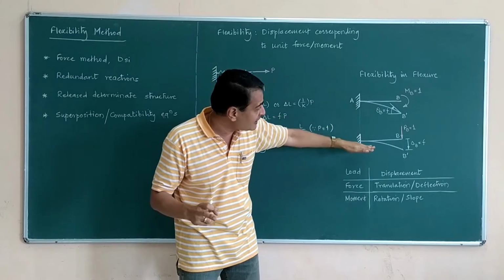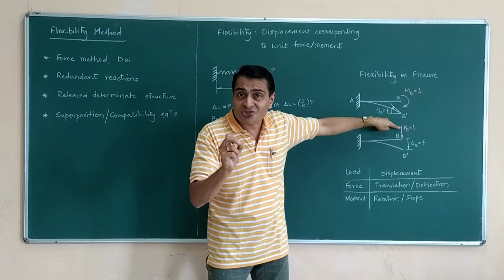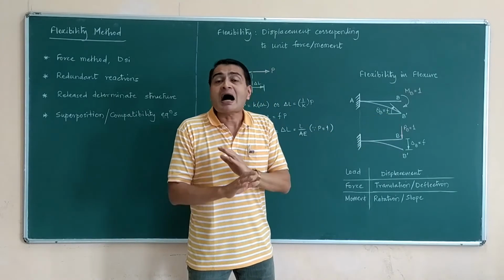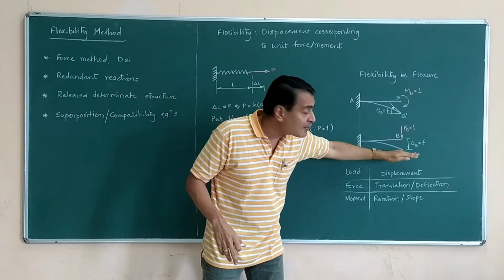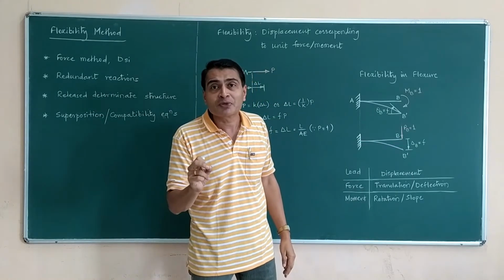And similarly in my next diagram, if I am applying a unit force, then there is deformation in the beam. I am not defining the slope here as flexibility, but I am defining deflection delta B as flexibility.